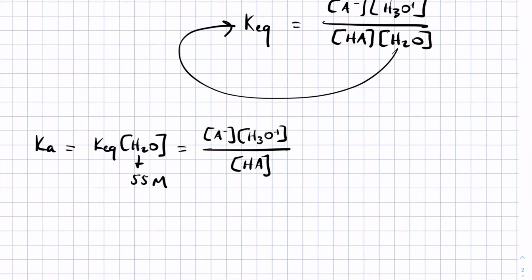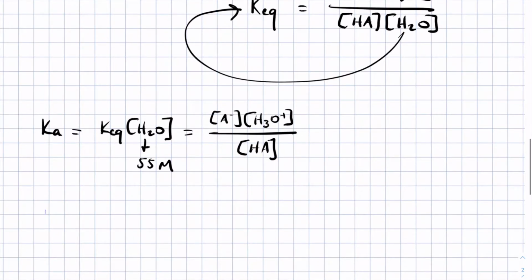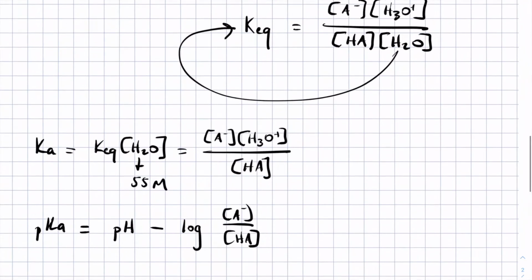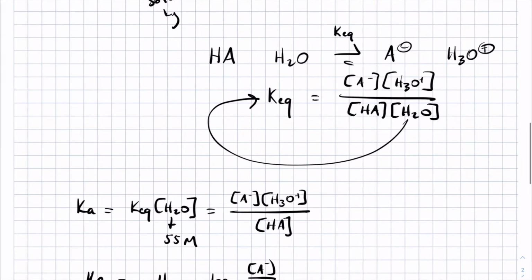Then you take the minus log of both sides. That gives you pKa minus log of H3O plus, which is just pH. So pKa is only defined for that reaction. So all those numbers are relative to water.